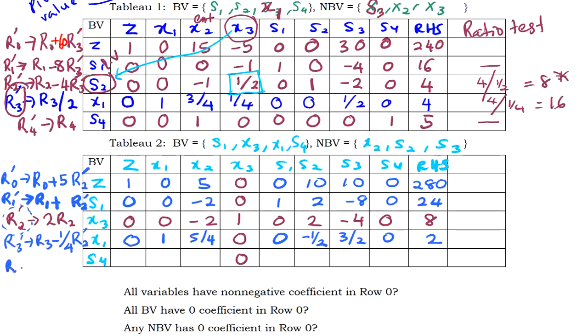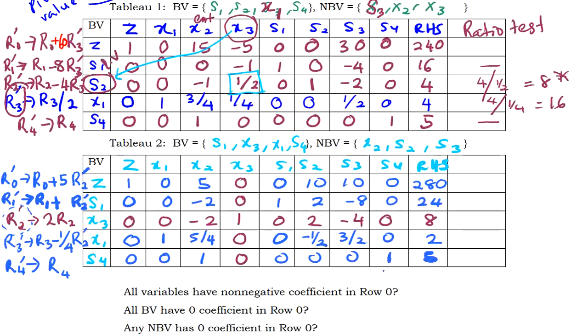And the last one, row 4 new, because here is already 0, so we just copy the old row 4. So S4, 0, 0, 1, 0, 0, 0, 0, 1, 5.